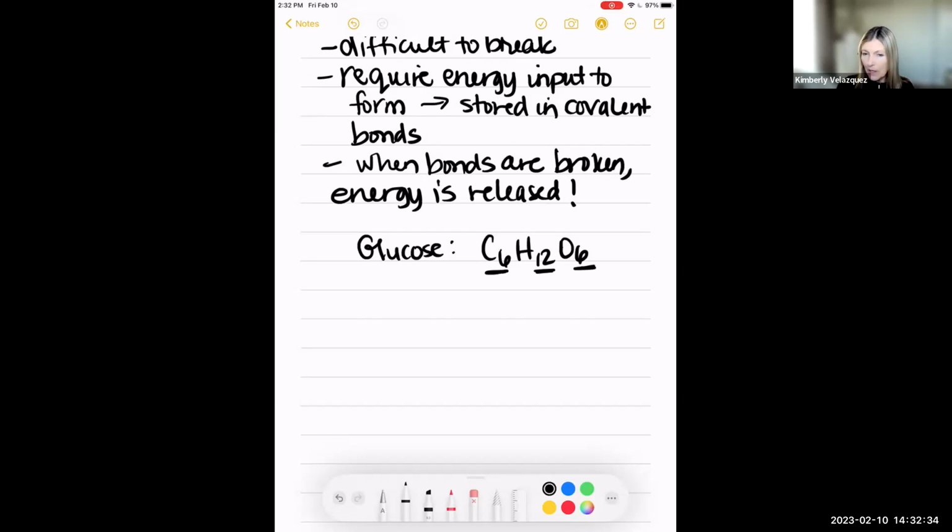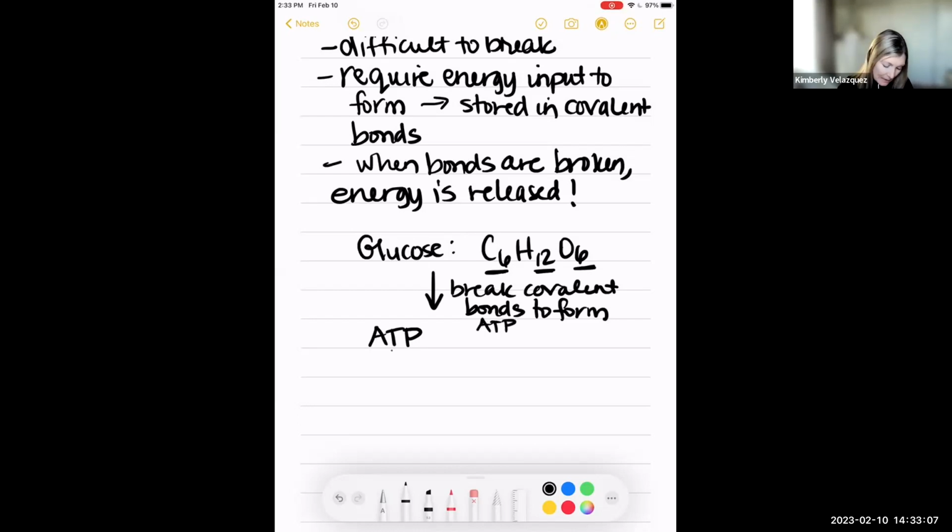When you break the covalent bonds of that glucose molecule, that energy is released, and we repackage that as a molecule that's going to be the energy currency of the cell called ATP. So in the cell, we break the covalent bonds of glucose to form ATP. And that ATP is the energy currency of the cell.